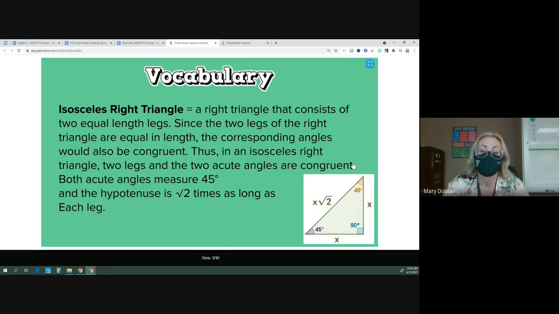Whatever the leg length is, if you multiply that amount by the square root of 2, that will equal the length of the hypotenuse. So this is just a special type of relationship when you have an isosceles right triangle.